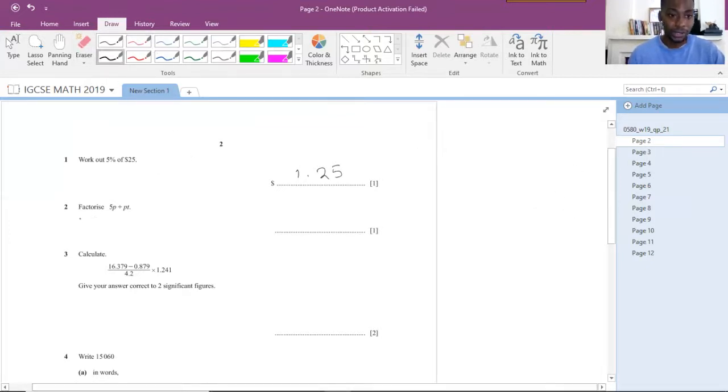Question 2 is telling us to factorize an expression: 5p plus pt. Every time we're factorizing, we're actually looking for two things, but it's a three-step approach sometimes. The first thing to look for is a common factor, a factor being a number that can be divided into any number without leaving a remainder.